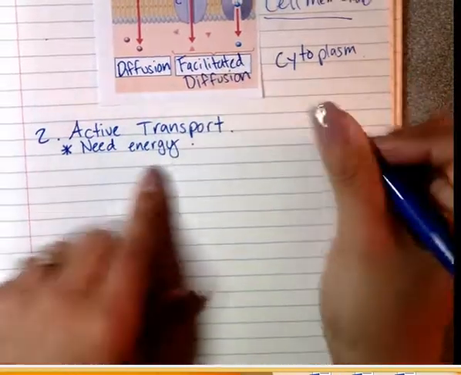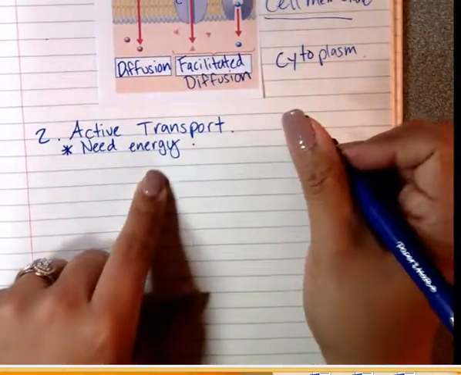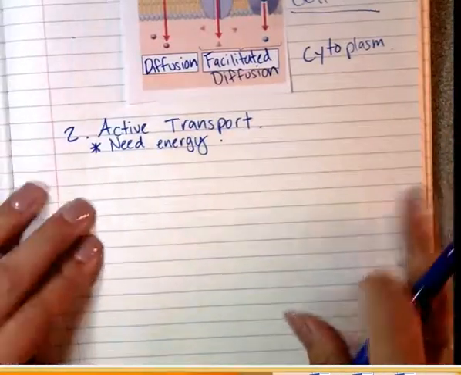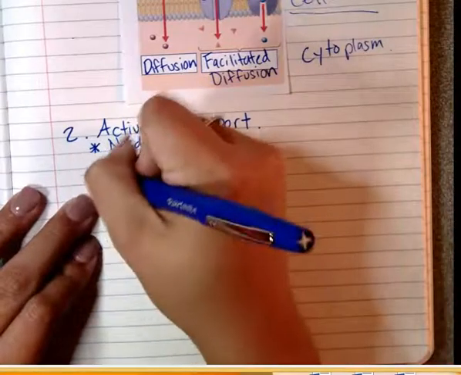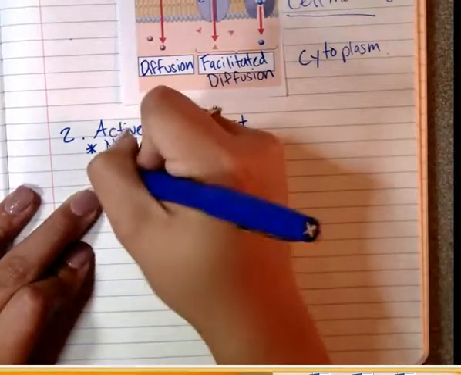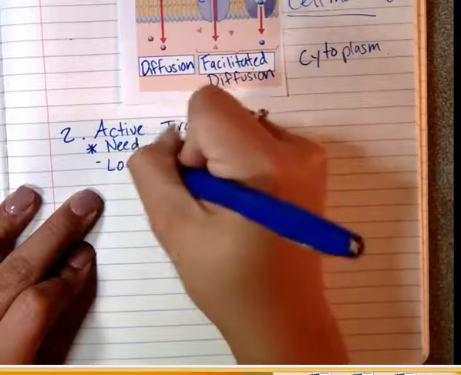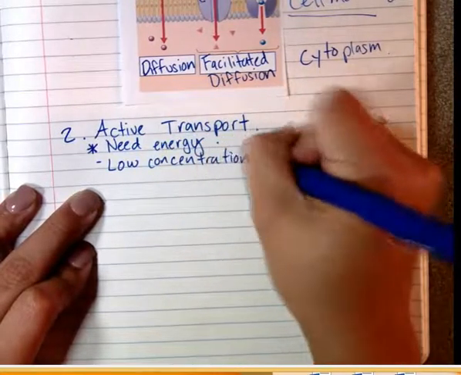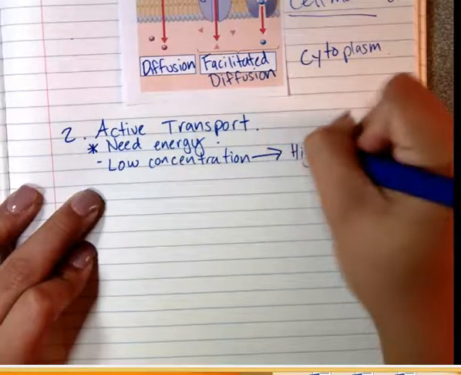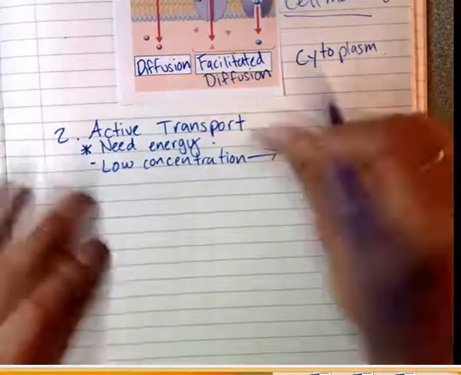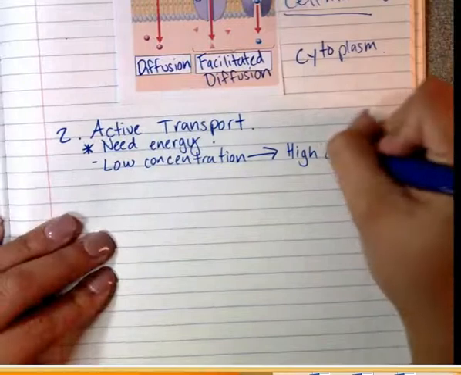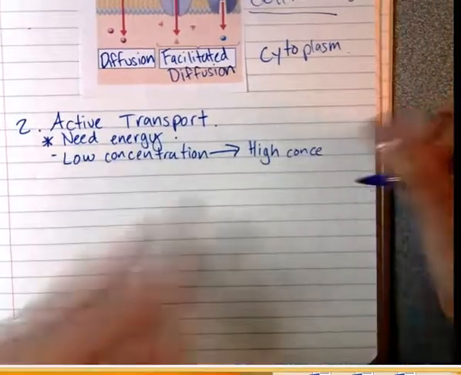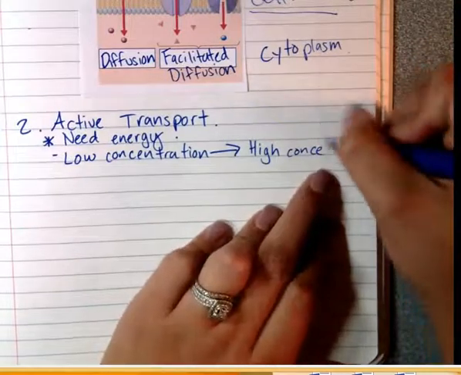The reason it needs energy is because you're moving stuff against its concentration gradient, meaning you're moving things from low concentration to high concentration. Things naturally want to level out, so you have to go that extra step to move things against their concentration gradient.